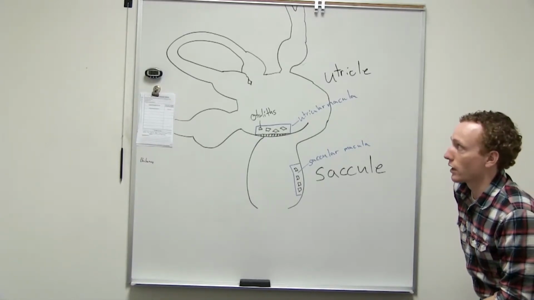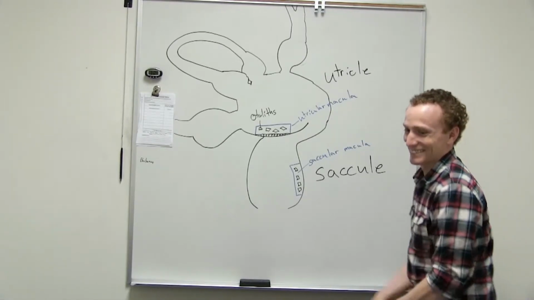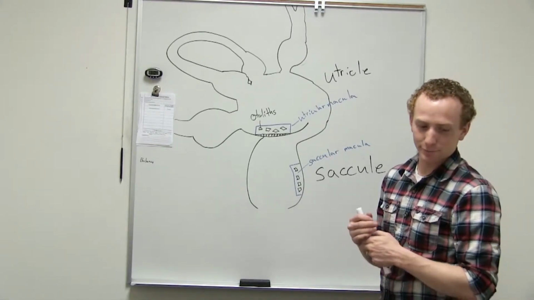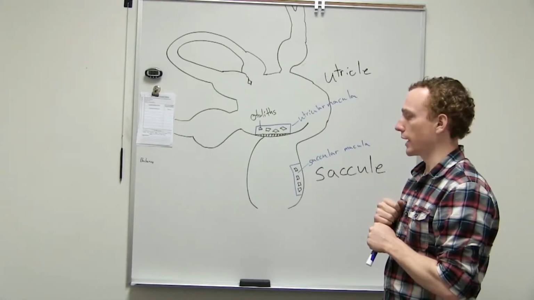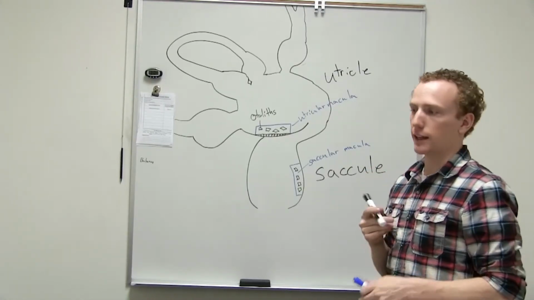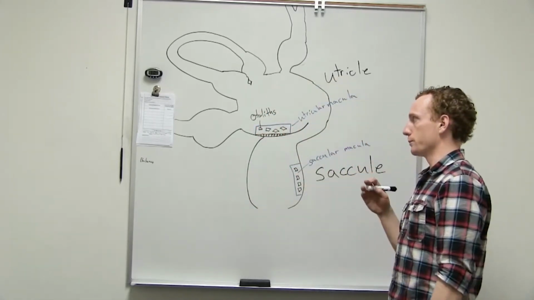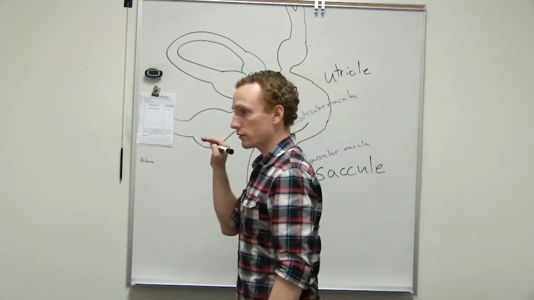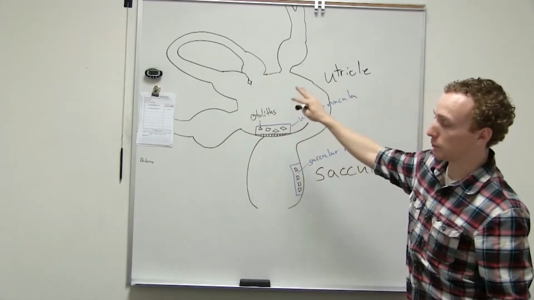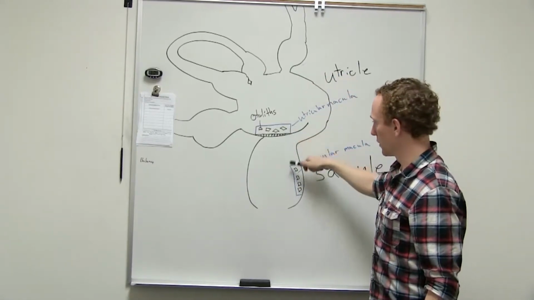Don't take a picture yet, we're not done. The stereocilia sense the direction that you're going in. Acceleration in a planar direction can come in part from the semicircular canals, but also from this guy.